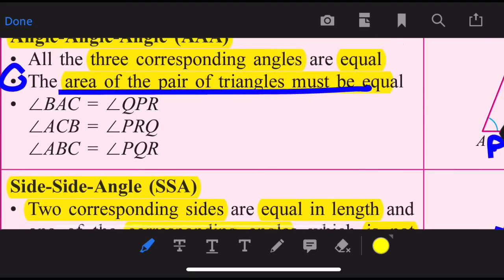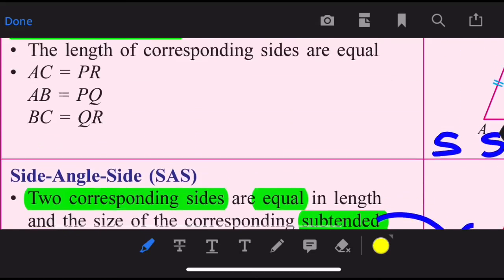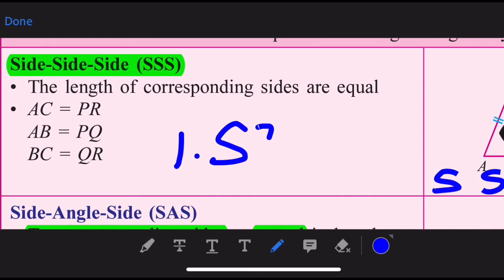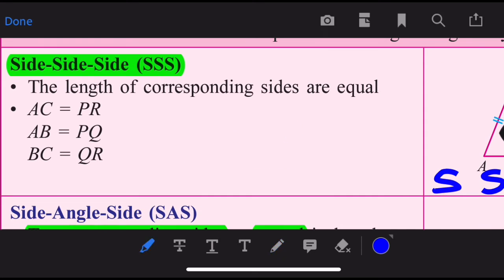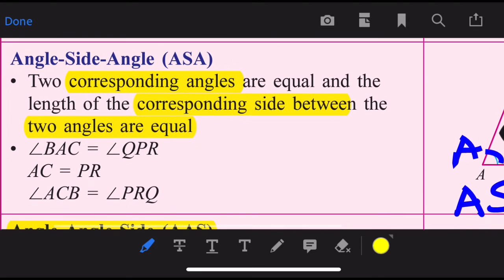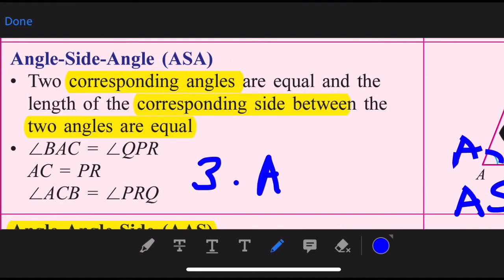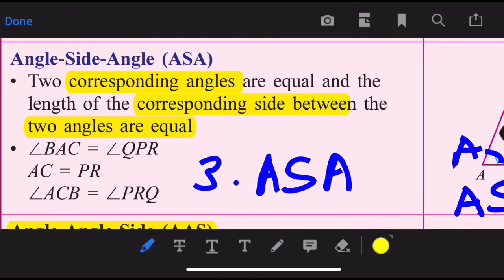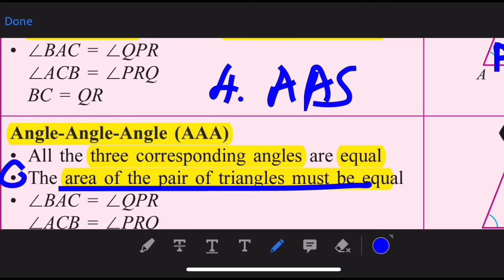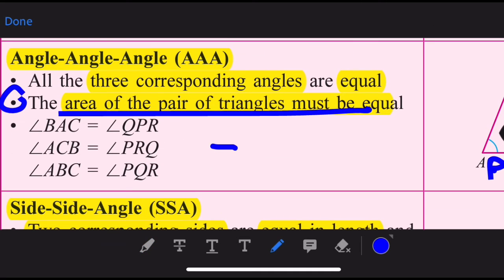So altogether how many scenarios do we have? Number 1 is side, side, side. Number 2 is side, angle, side. Number 3 is angle, side, angle. Number 4 is angle, angle, side. Number 5 is all three angles.